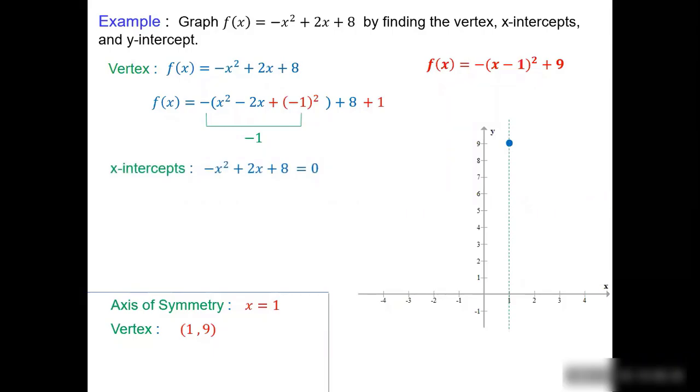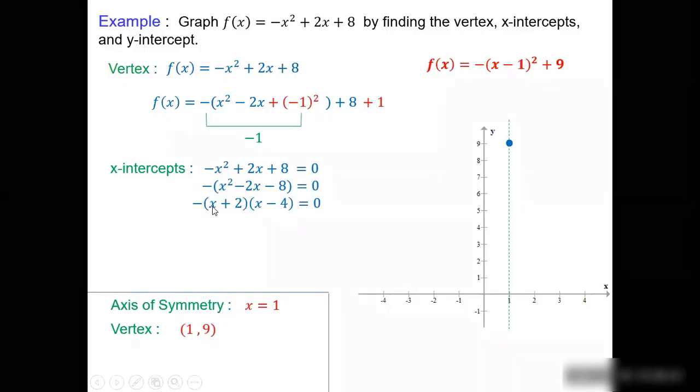So remember that in order to find x-intercepts, we set the function equal to 0 to find out where the y-coordinate is 0, and we now factor. So we're going to go ahead and factor out the -1 from each term so that it turns into a quadratic where the first term is positive. And now we can factor this into two binomials, namely x plus 2 times x minus 4.